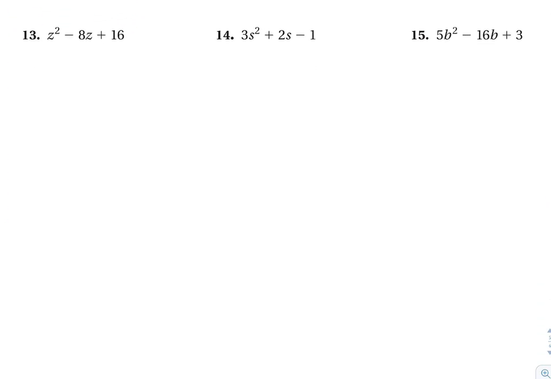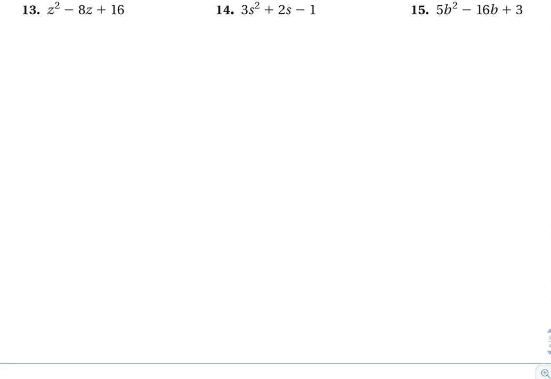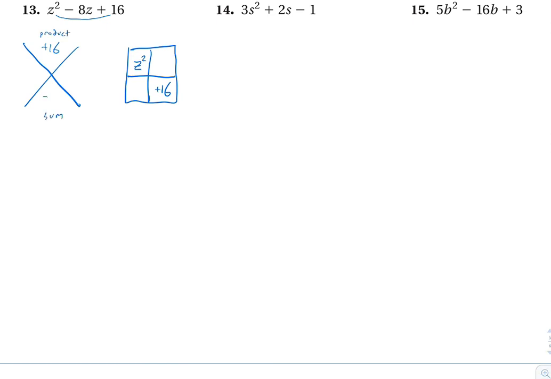And then let's actually practice using the X-box method. So again, the setup is most important. The very first thing you do is, here's my X-box, first term z squared, last term 16. Product is first times last, positive 16. Sum is middle term, signs matter, negative 8.